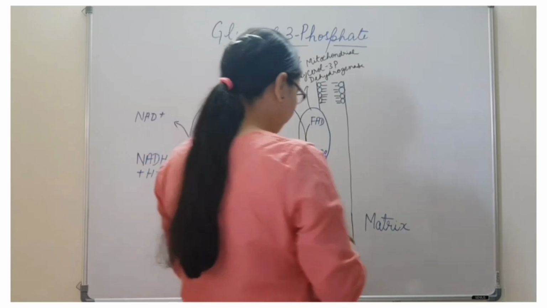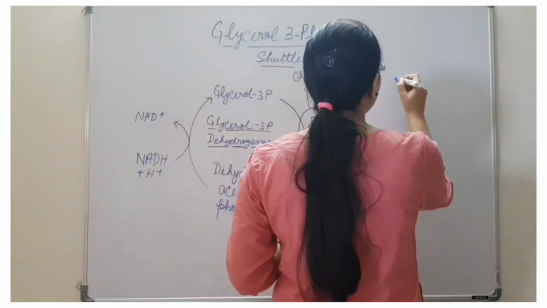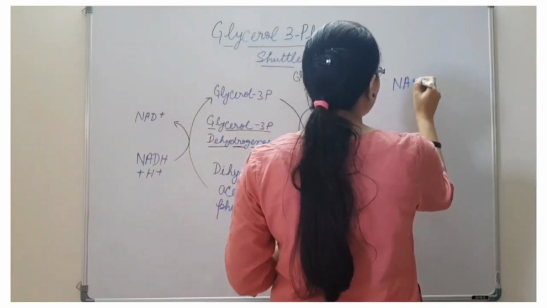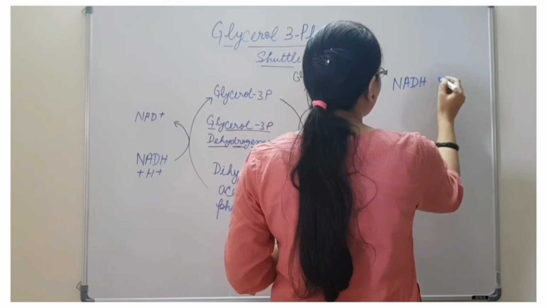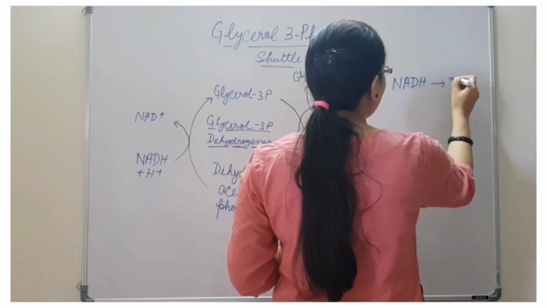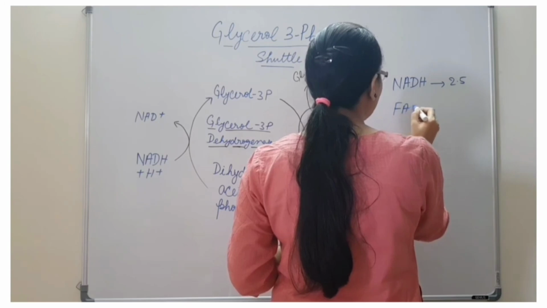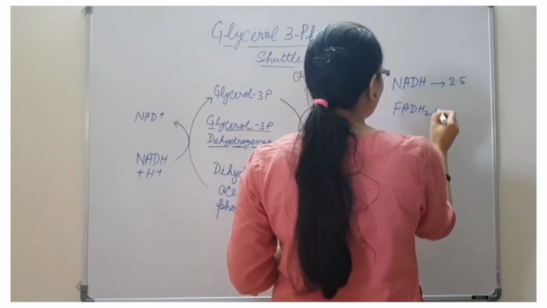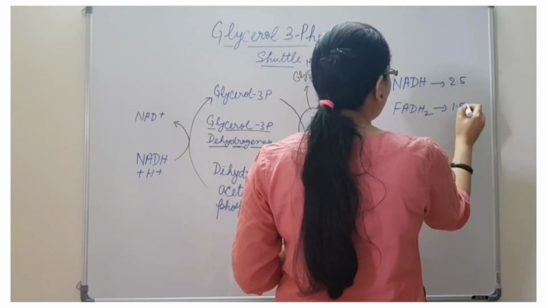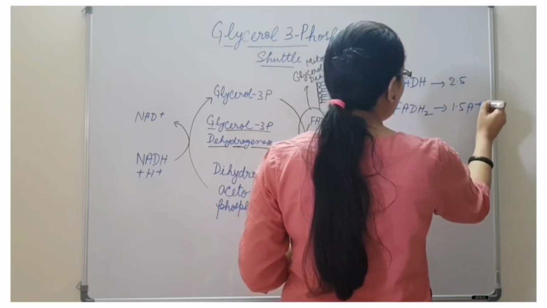We know that NADH gives 2.5 ATP in electron transport chain and FADH2 gives 1.5 ATP molecules.